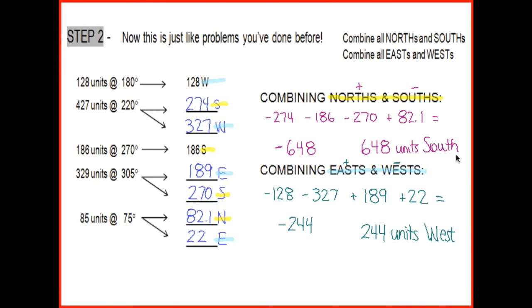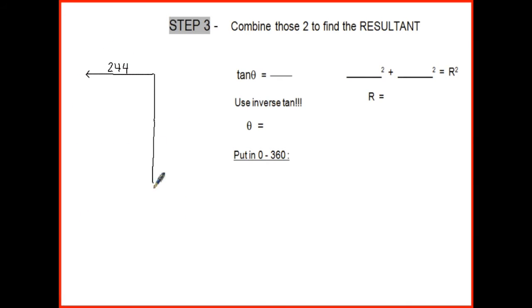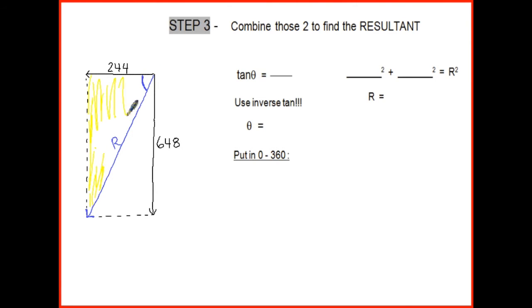So we'll just find the resultant, draw them tails together, find a magnitude and a direction. So my choices, I could either do this angle or this angle. I usually pick the smaller one. I don't know why. But here I didn't. I picked the bigger one. So I'm looking at this triangle. So for the triangle I picked, 648 is the opposite and 244 is the adjacent.